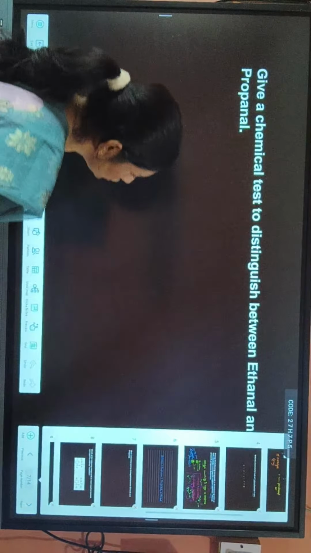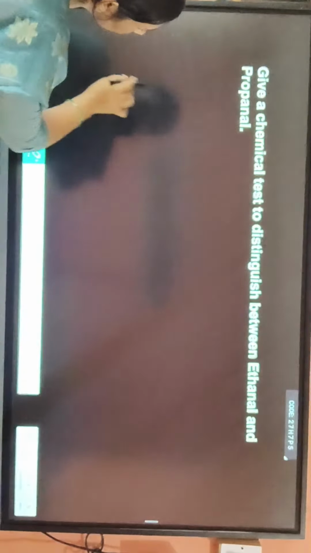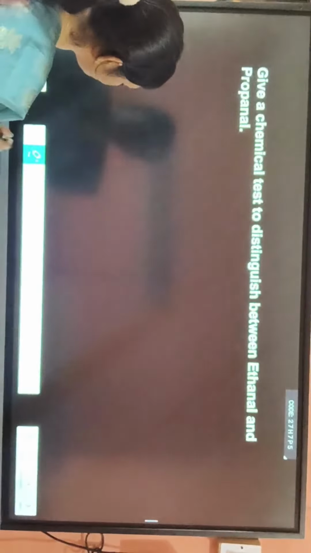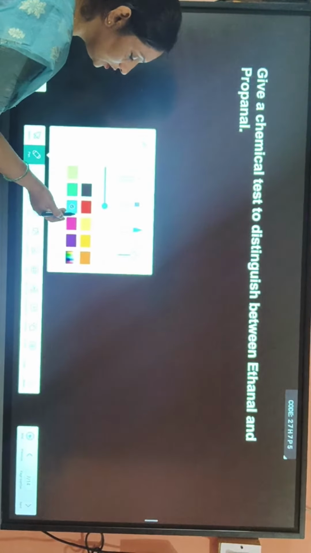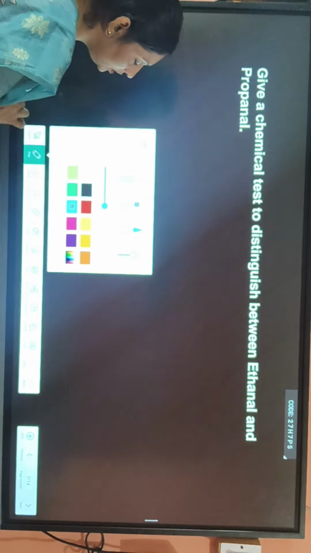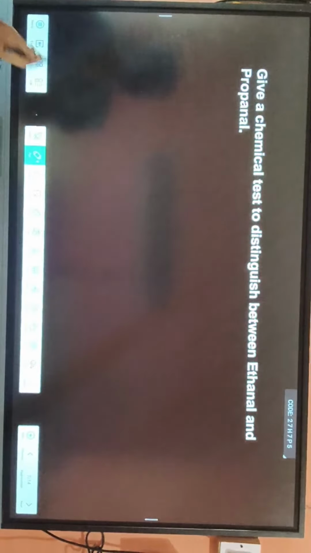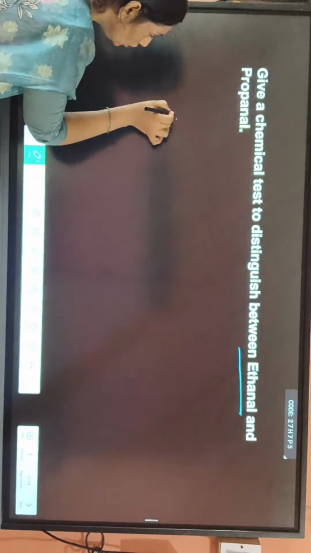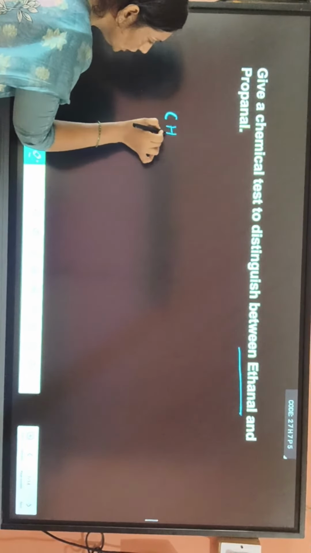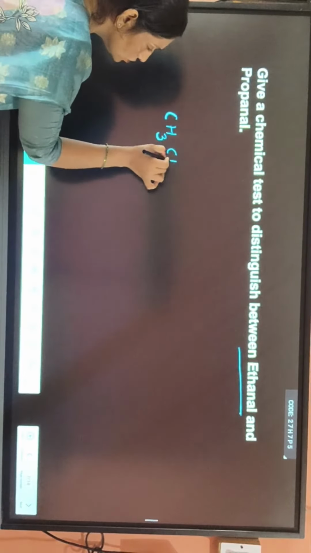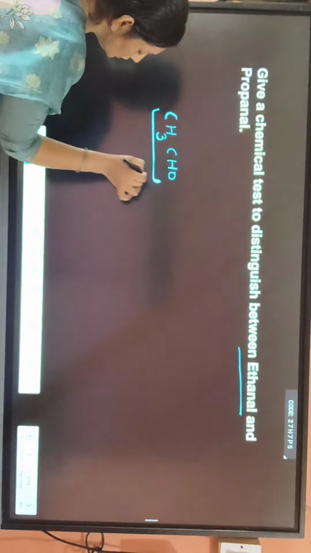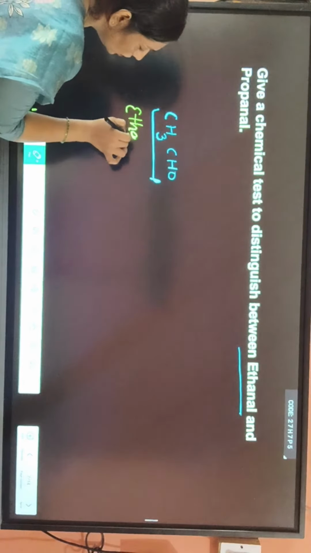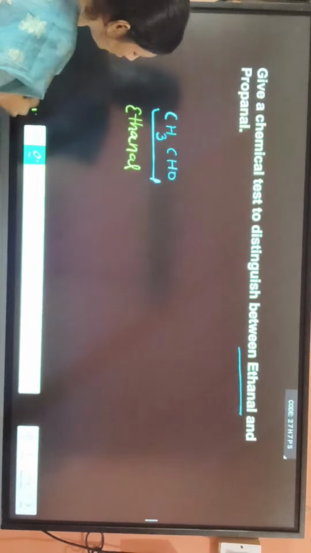Now our next question is: give a chemical test to distinguish between ethanol and propanol. How can you differentiate between propanol and ethanol? First you will write the structures. Ethanol: ethane means 2 carbons, so ethanol is CH3CH2OH.